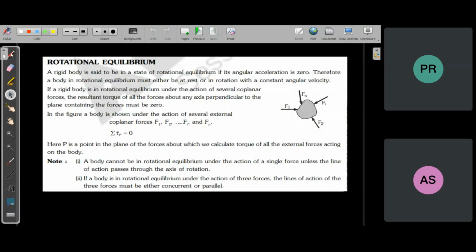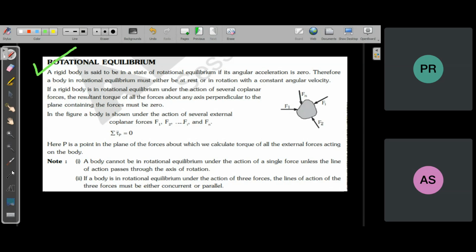Rotational equilibrium means net torque zero. And if we say complete mechanical equilibrium, we simply say mechanical equilibrium, then it means net force zero and net torque also zero. Now you might be thinking, net torque zero about which point? About any point.